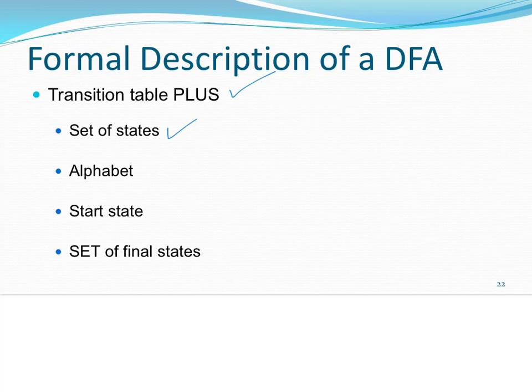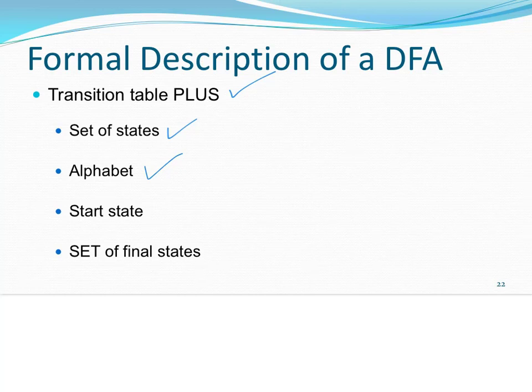Because if you look down the left column, you can see the names of all the states. But I'm going to tell you it again anyway. I'm also going to tell you what alphabet this DFA is over. Again, I could tell that if I looked at the transition table, but it's easier if I just tell you what my alphabet is.